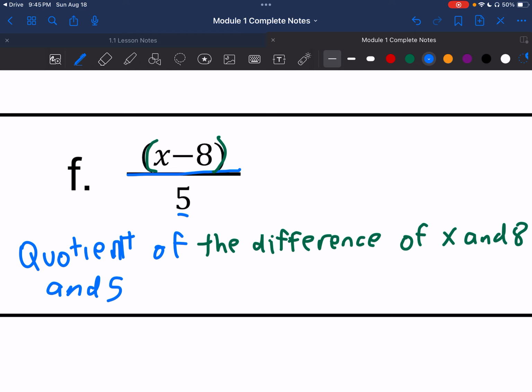Because we have 5 being the second term in the division. The first term was x minus 8, the second term was 5, and that's where the and comes in.